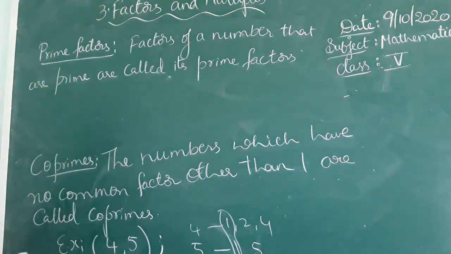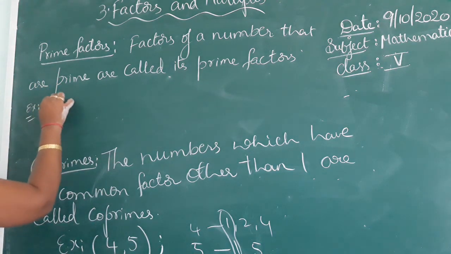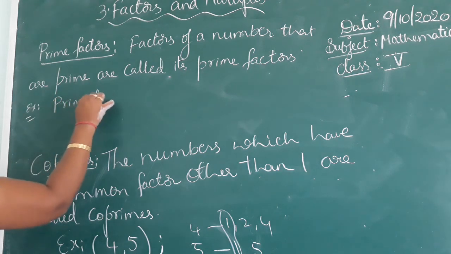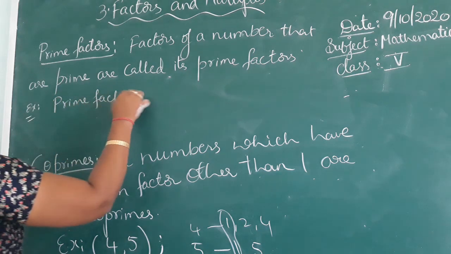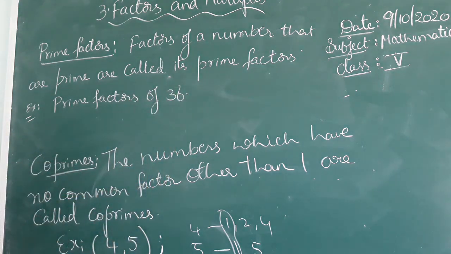Okay, how can we find the prime factors of a number? For example, the prime factors of 36. How can I find out the prime factors? First I have to find the factors of that number.